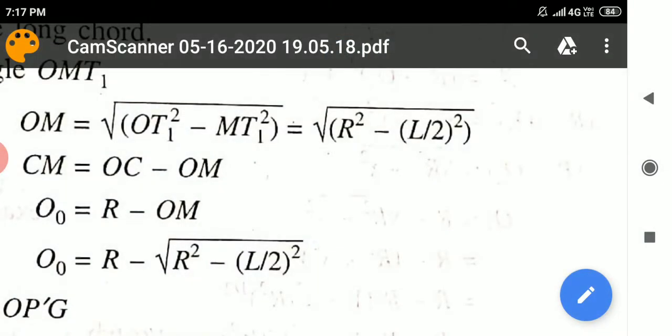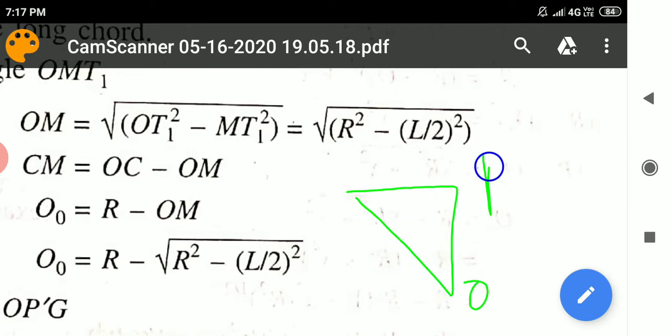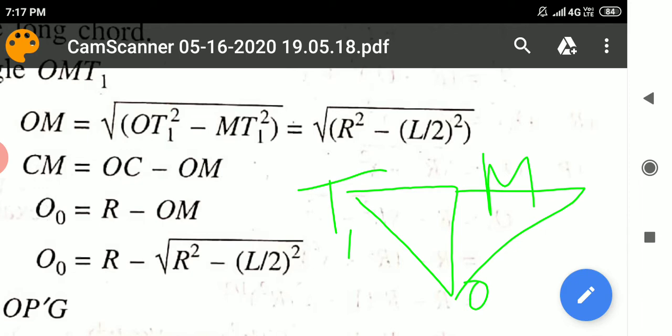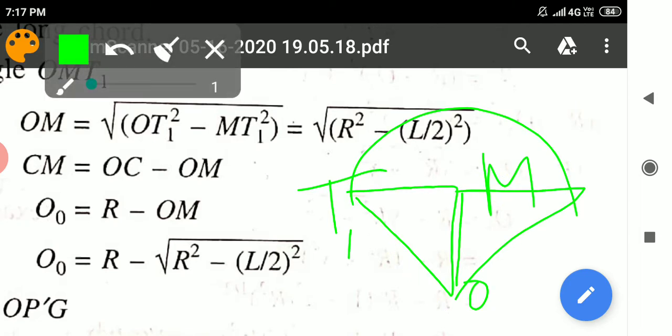So chord like this. Then see here, OM equal to root of OT1 square minus MT1 square. So OM equal to root of OT1 square minus MT1 square by using Pythagoras.